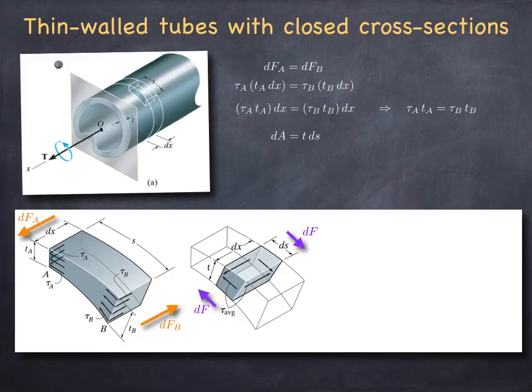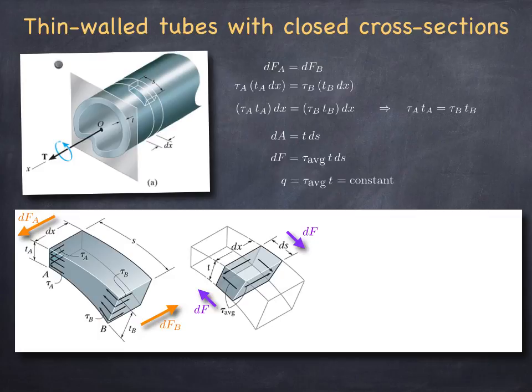So if tau average times T is a constant, this means that dF over ds must be constant. And this constant quantity, which is the product of shear stress and the thickness there, is called the shear flow. So shear flow across the cross-section is constant. If the thickness increases, the shear stress must decrease in return to keep the Q constant.